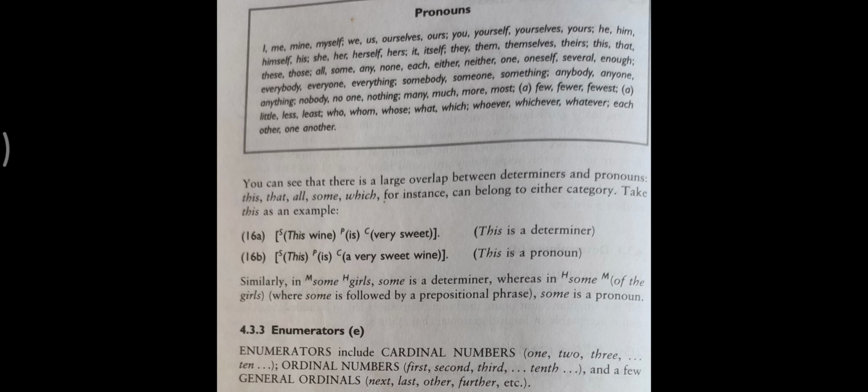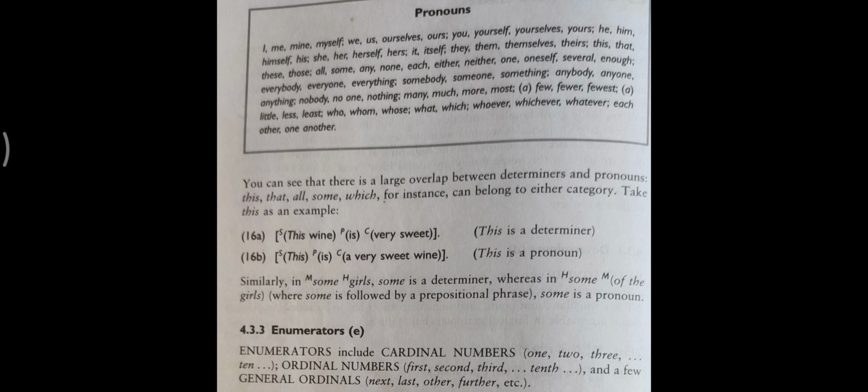At the same time, we have few or WH elements. We do have who, whom, whose, what, which, whoever, whichever, likewise. So we have this type of things that we see as pronouns.